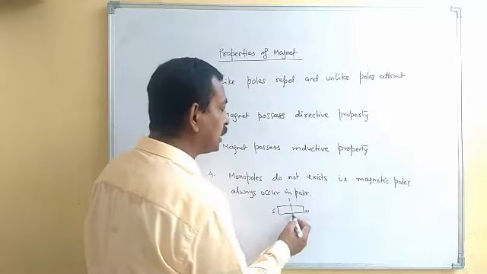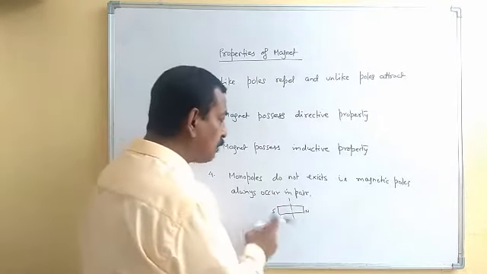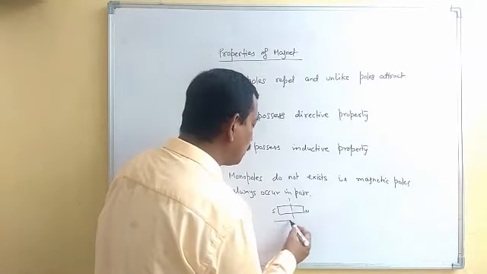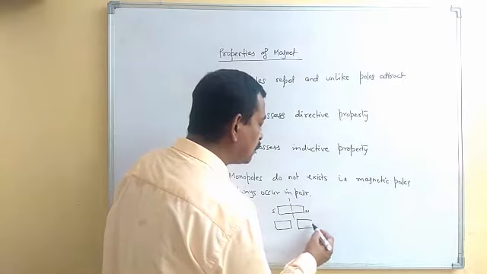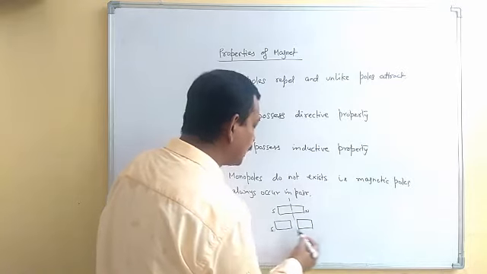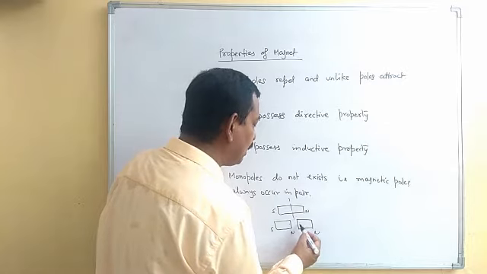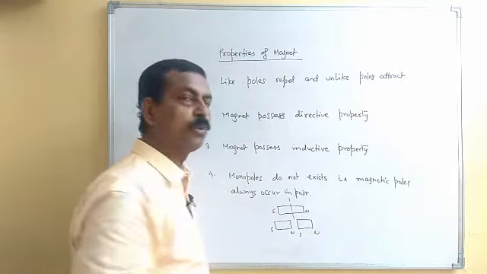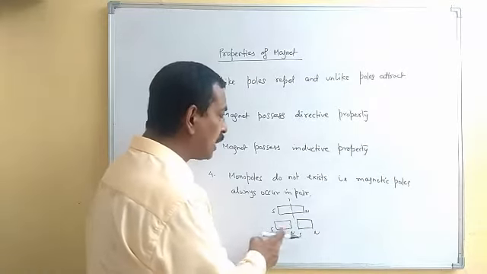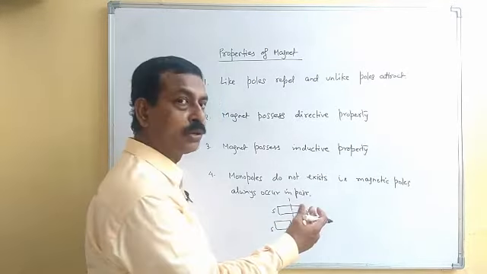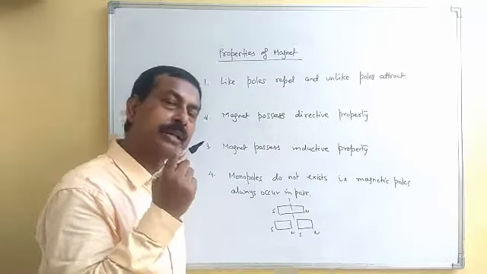If I cut it into two parts, then we'll not have the south pole and north pole separate. It will develop the magnetic poles again. So here on this side, there will be north pole developed, here there will be south pole developed. So you will not have the isolated south pole or isolated north pole. Again, you will have the magnetic poles occurring in pairs.